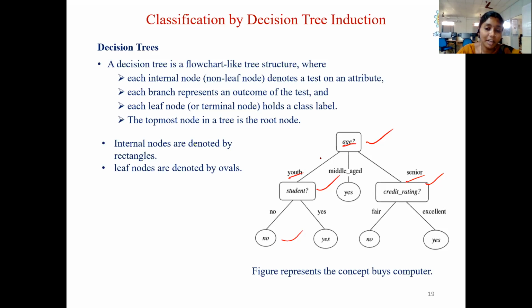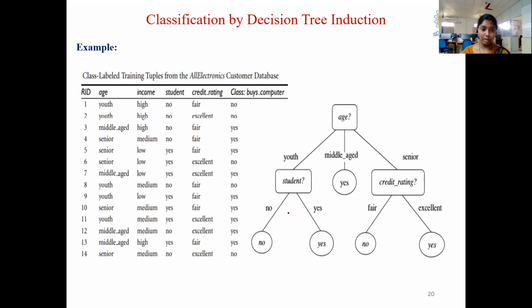Based on the result, the data set is partitioned accordingly. The process is repeated like this, and at the end we get the class labels. The class labels are indicated with an oval shape, whereas the internal and root nodes are indicated with a rectangular shape.